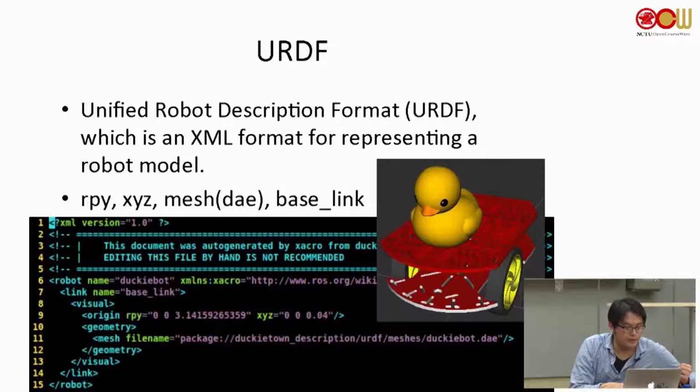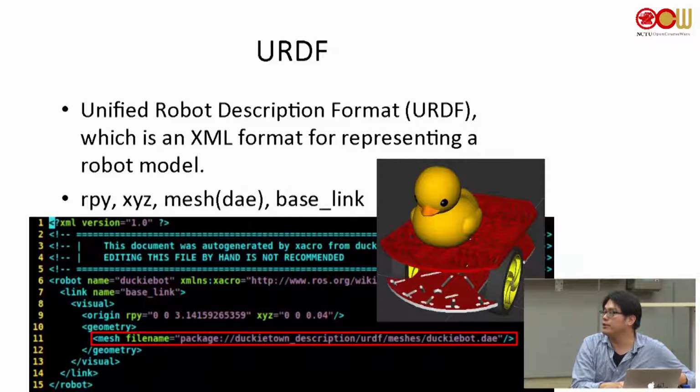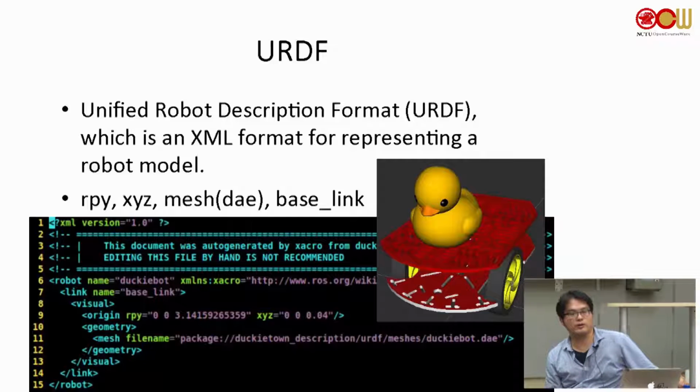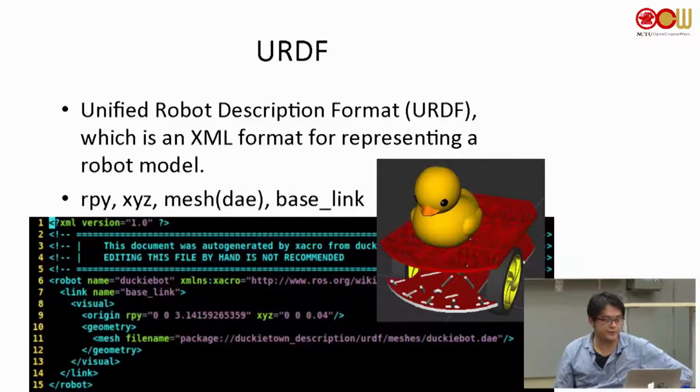For example, one interesting thing here is the mesh, duckybot.dae. The DAE shows you a nice 3D duckybot in RViz. It also shows the RPY, which is roll, pitch, and yaw, and the X, Y, and Z. You can define where your robot is and what its rotation is.